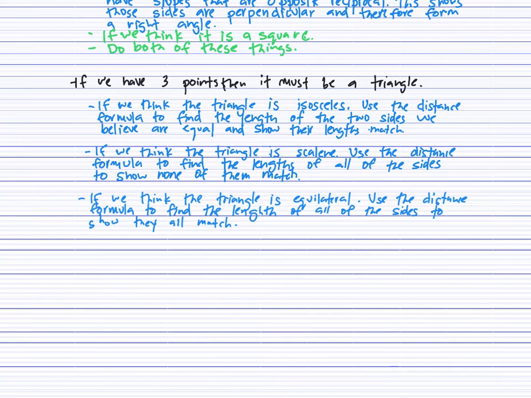And lastly, if we think any of these, because remember isosceles or scalene could also be a right triangle.